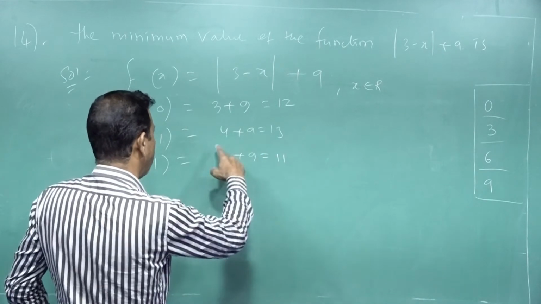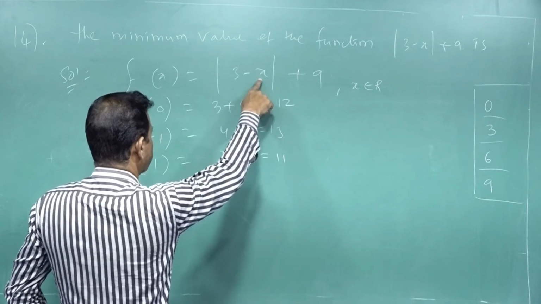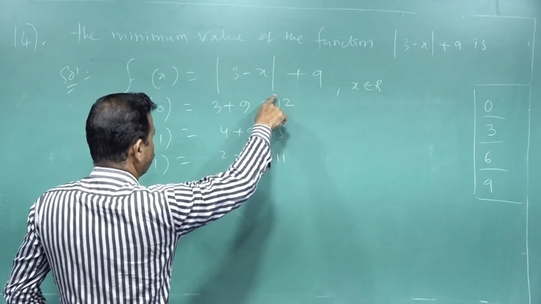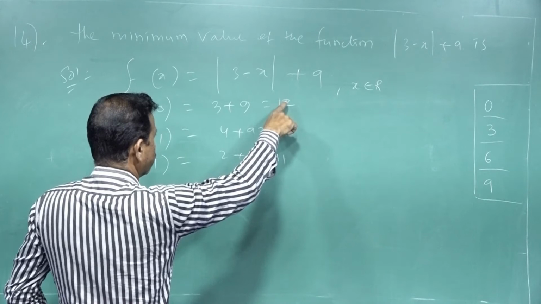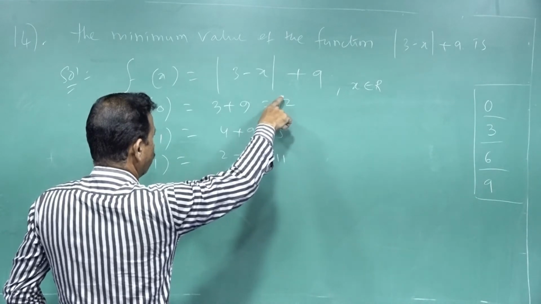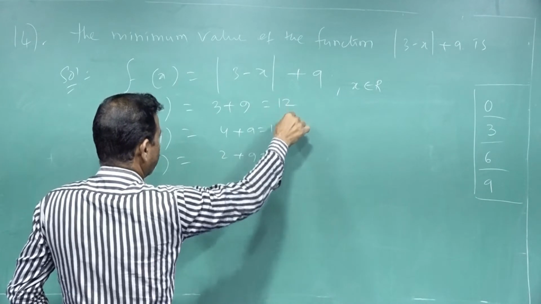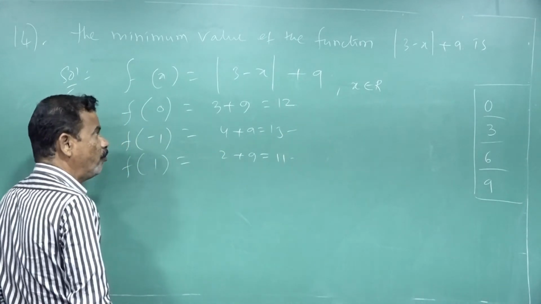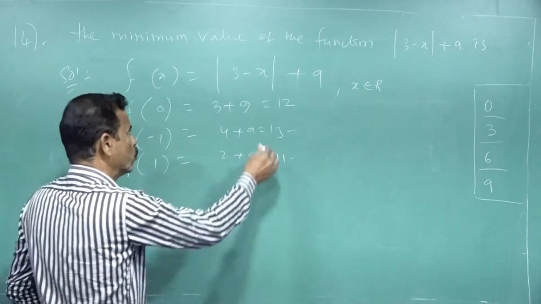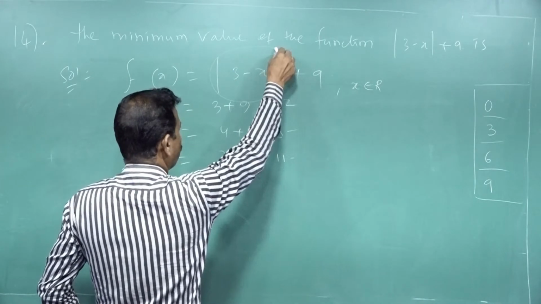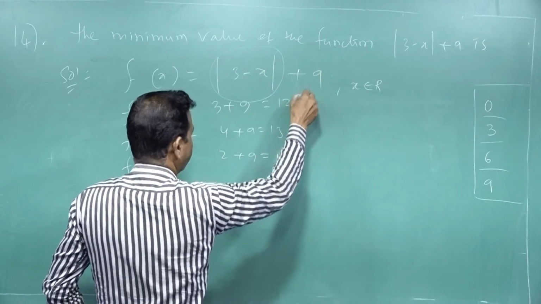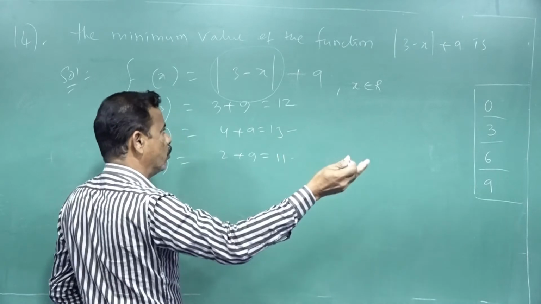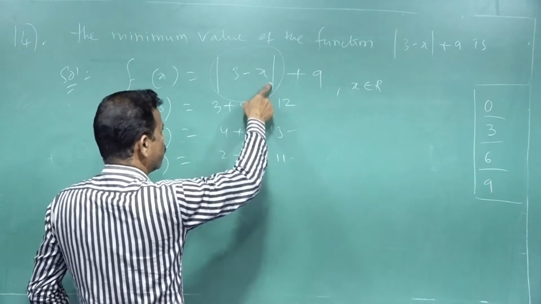So for any value of x, it exists. But according to these values, here 12, here 13, here 11, there is variation. So where can the minimum value exist? When the modulus value is 0, the minimum value 9 comes. Here 12, 13, 11 going upward. This is 1, 10 coming.